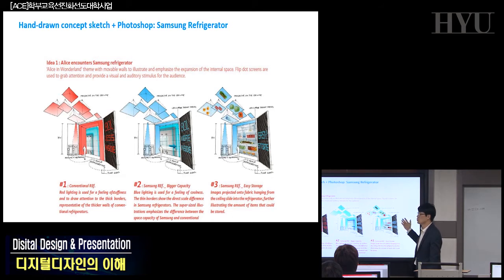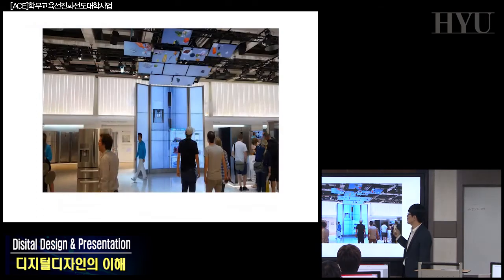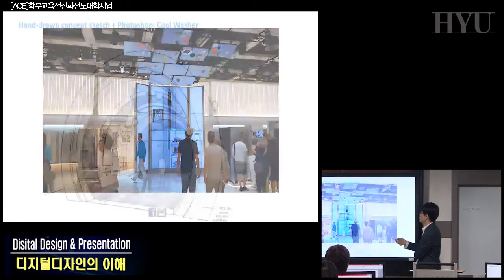Anyway, this is a newly developed Samsung refrigerator. So he sketched this one, and something similar to that design was actually installed, with some modifications you can find. But anyway, this one was installed in this way.